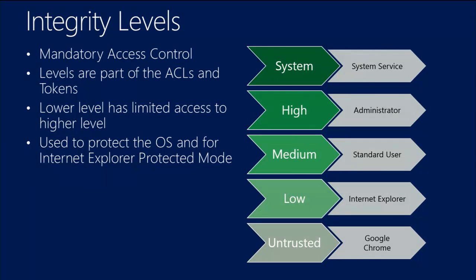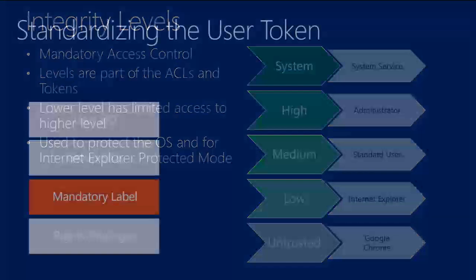Every other normal directory or folder on your file system will have the medium integrity level, and Internet Explorer cannot do anything with it. Now, Google Chrome is even going lower than the low integrity level by using the untrusted integrity level, creating a process that can virtually do anything on your system, but still they're able to run.